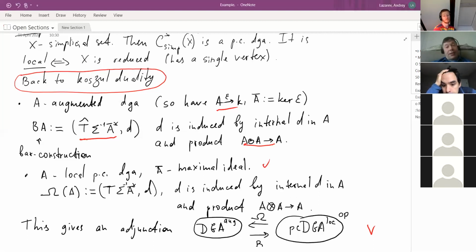This is a contravariant adjunction. Or if you put op on the right-hand side, then it will be a covariant adjunction between differential graded augmented algebras and the opposite category of pseudo-compact differential graded local algebras. Or if you dualize, then on the right-hand side, we would have pseudo-compact coalgebras.